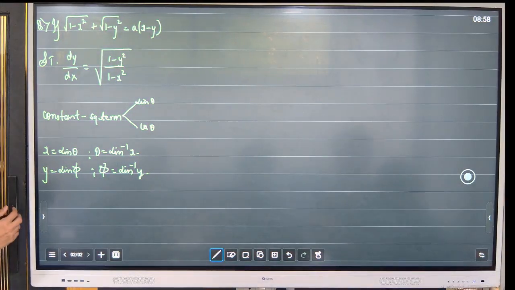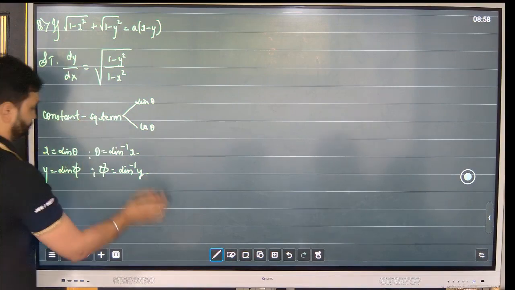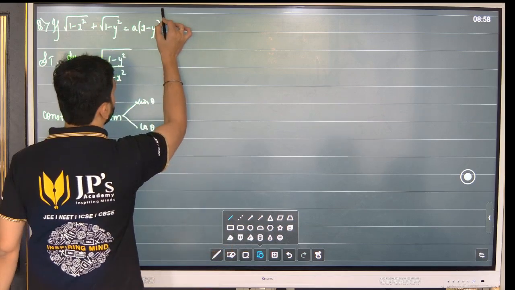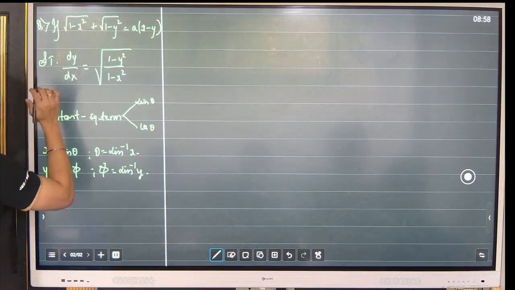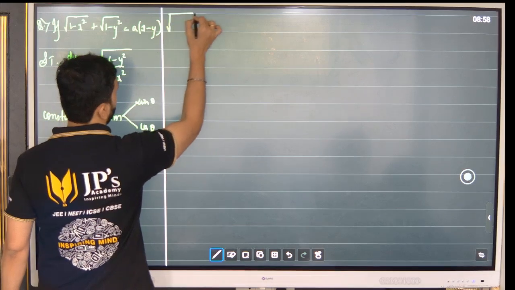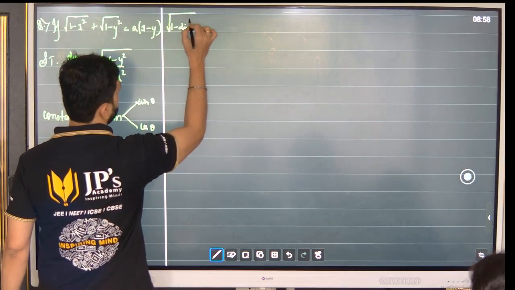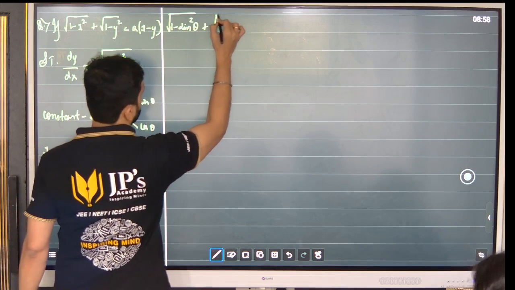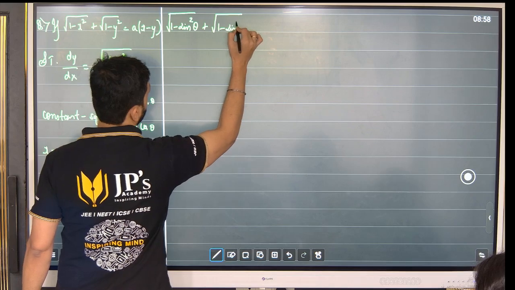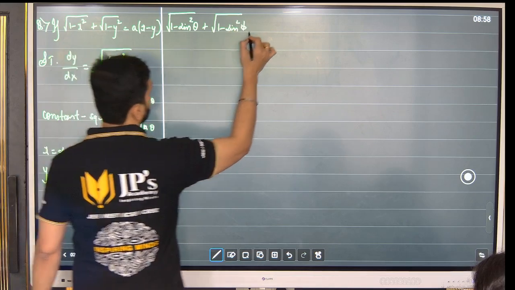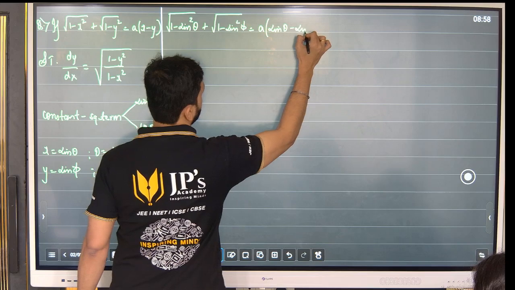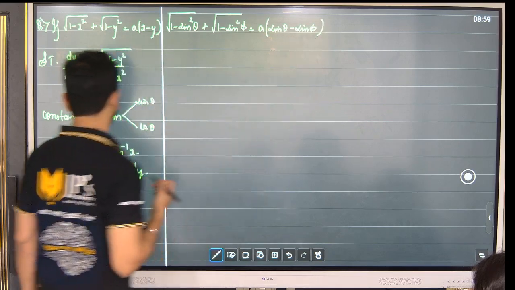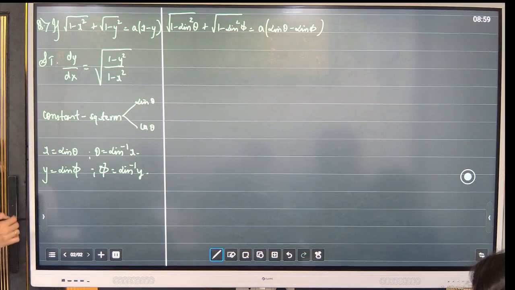Now, when I substitute, see what this will become. I am directly substituting this. So if I substitute this, under root of 1 minus sine square theta plus under root of 1 minus sine square phi is equal to a into sine theta minus sine phi, because x is sine theta and y is sine phi.